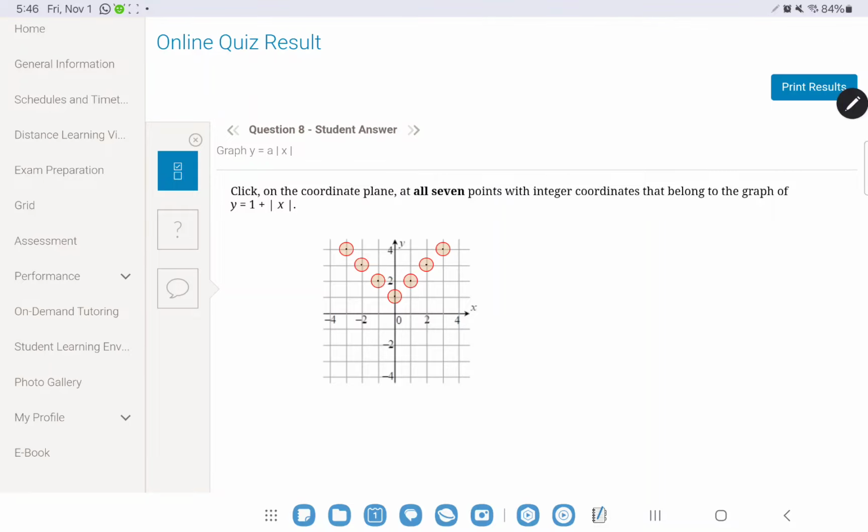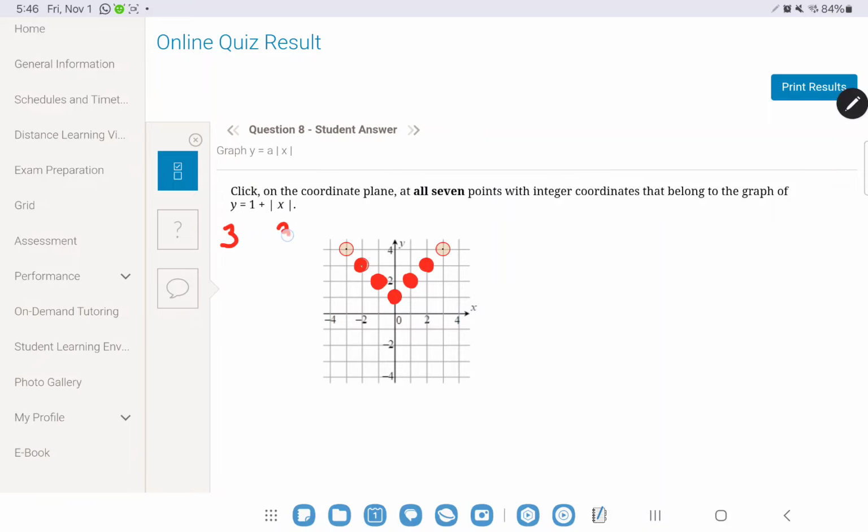Here now you have to choose 7 points. It's the same thing. You take points. When x is 0, y is 1. When x is 1, y is 2. When x is -1, y is 2. When x is 2 or -2, y is 3.